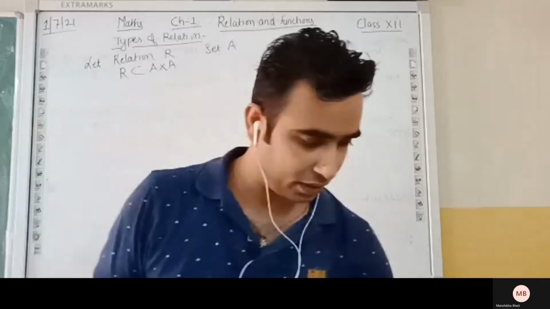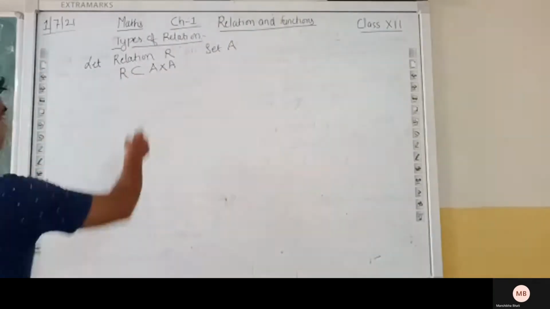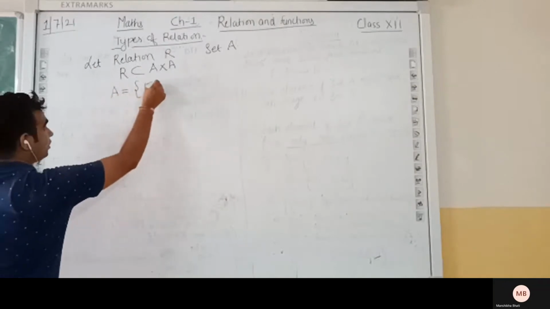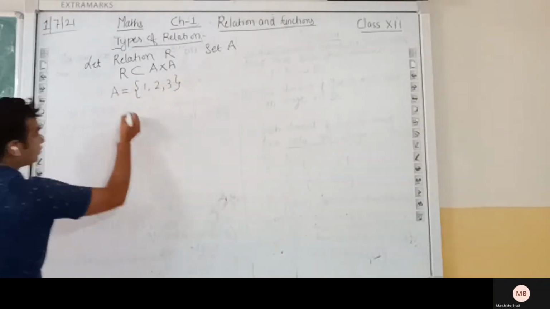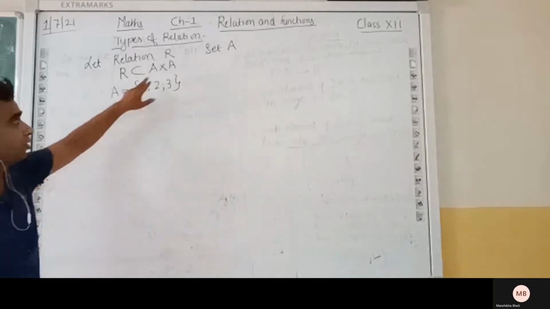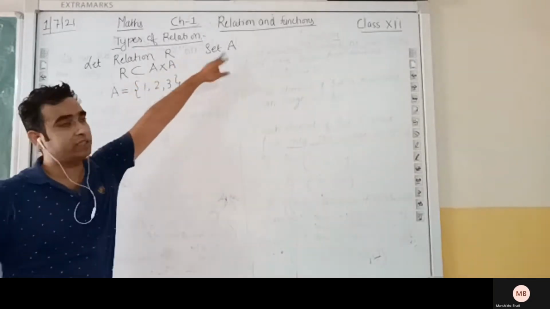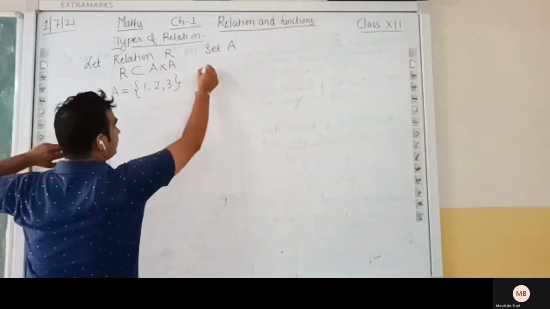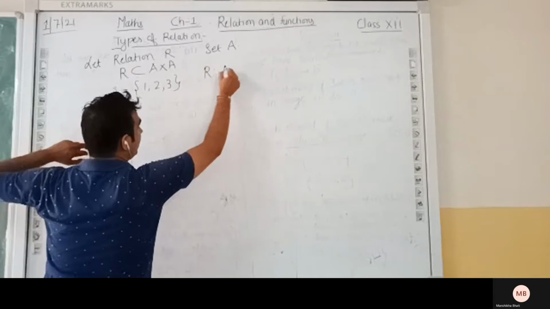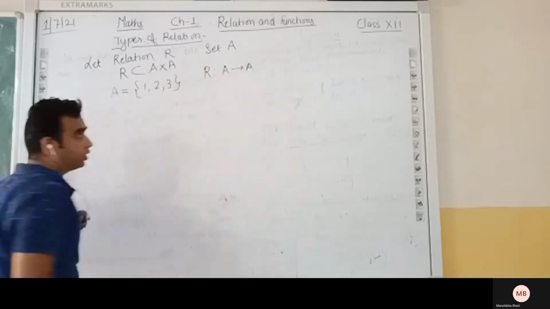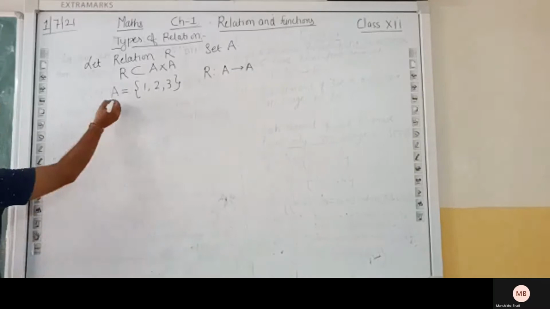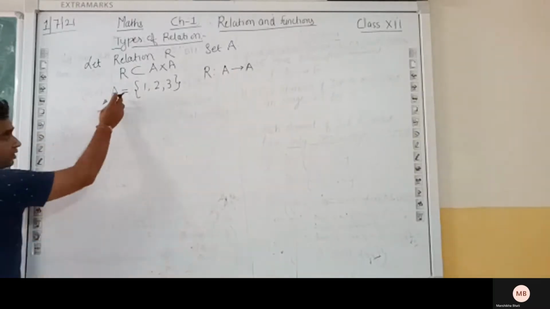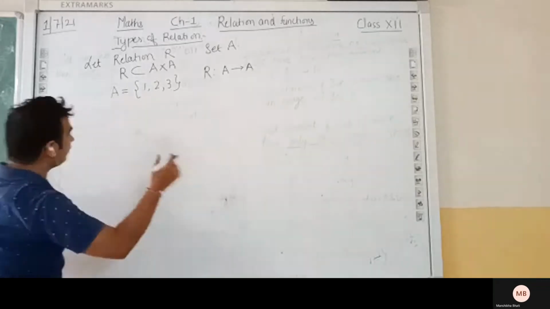So what kind of relations can we have in this? Suppose the set A is having elements 1, 2, 3. Okay. So from this A, we have a relation R on set A. That means having a relation from A to A. So what all kind of relations can we get from this A? हम set A से all possible relations क्या क्या find out कर सकते हैं?